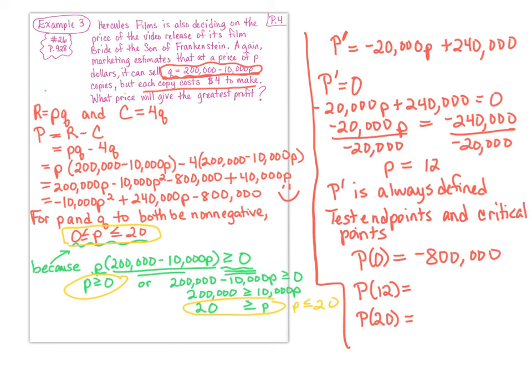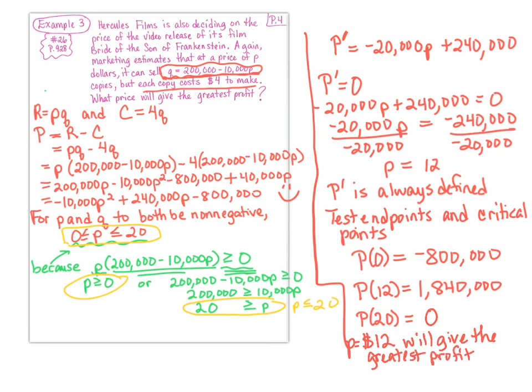When you plug in 12 for P, you're going to get 1,840,000. And then when you plug in 20 here, you should get 0. So what this means is $12 will give P equals 12. The price equals 12. We'll get $12 will give the greatest profit. And that's it.